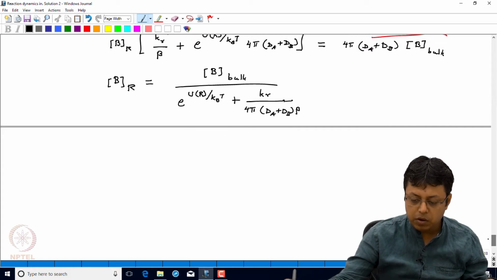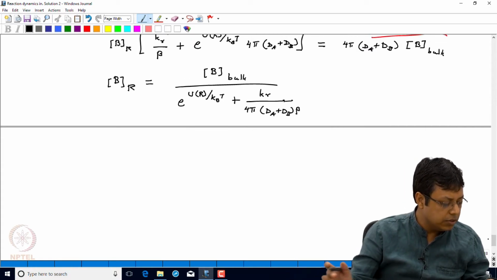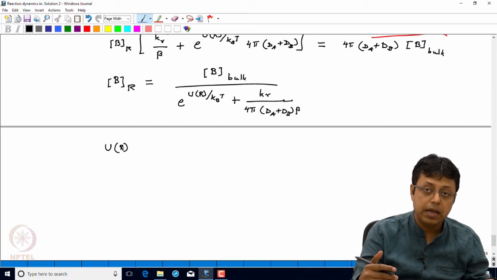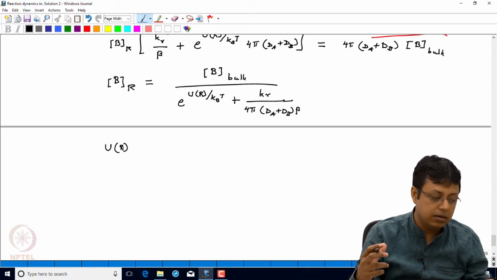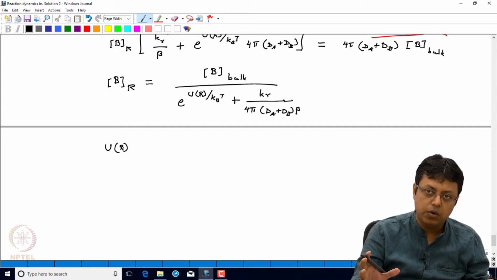So remember that all we have to evaluate is the rate. So basically what we can say is that u of r, meaning the potential at the reactive zone, will be very small. Why?